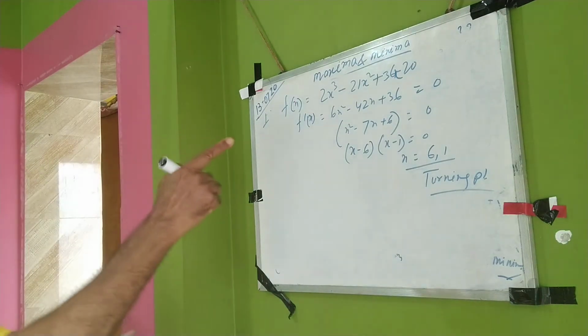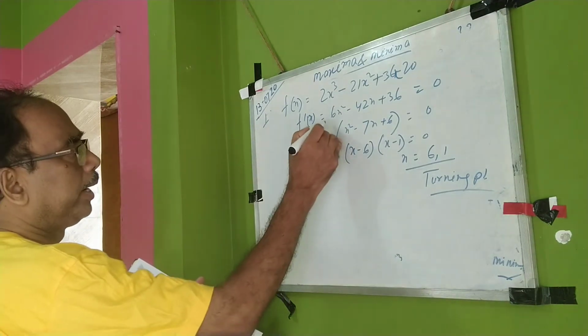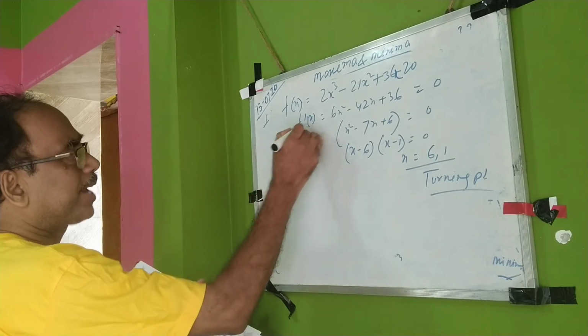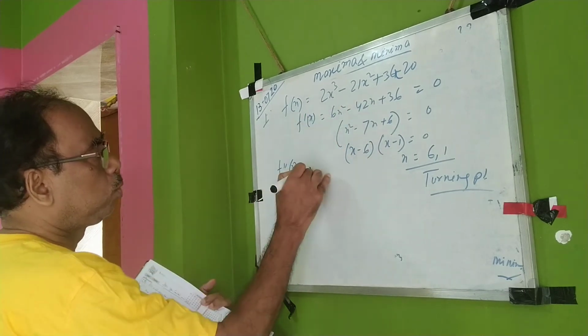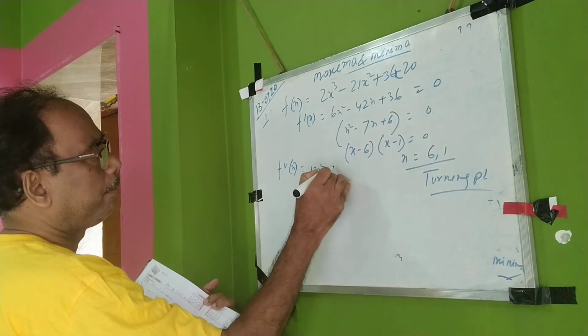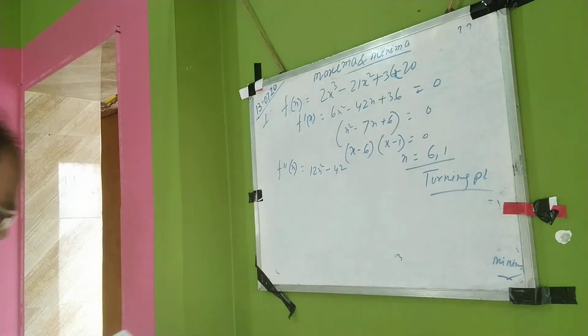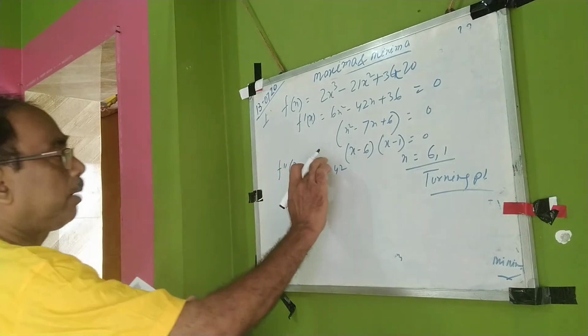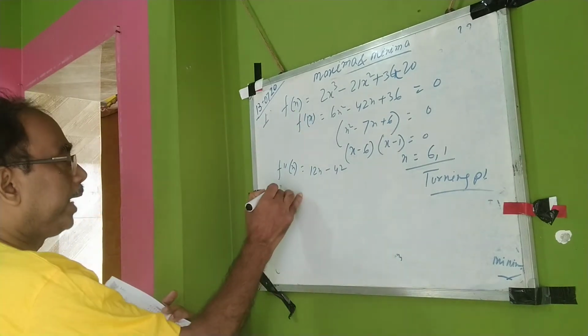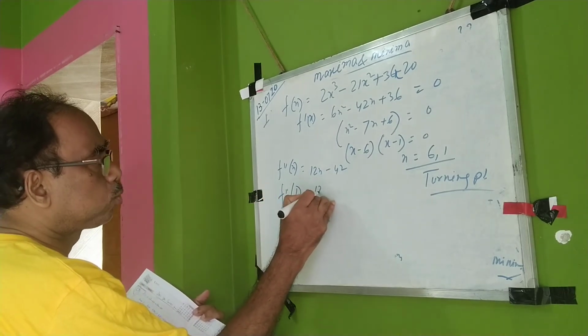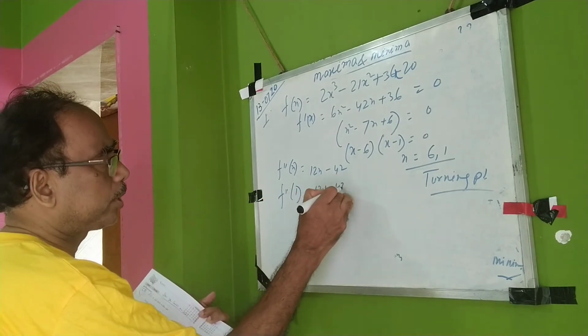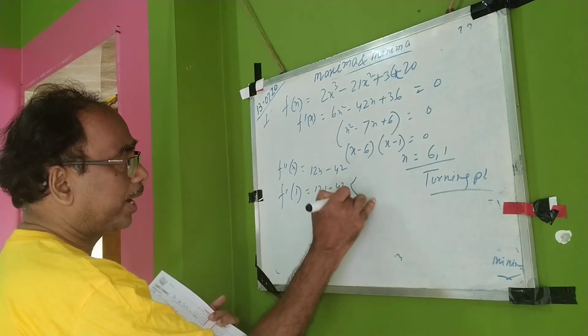Now at these points, you have to find f double dash x. f dash x is this. Then f double dash x equals 12x minus 42. Then you have to find f double dash 1. That is 12 into 1 minus 42, which is less than 0, a negative value.